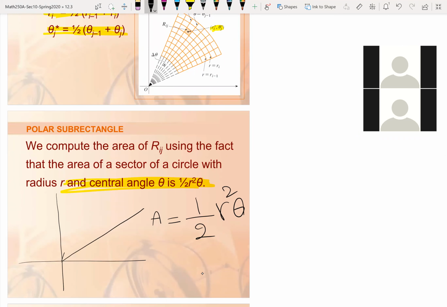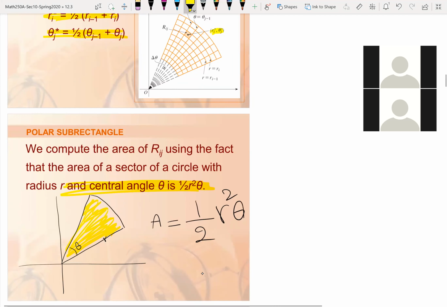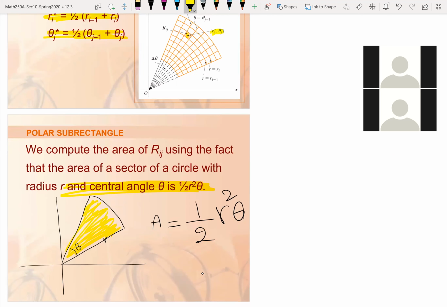This is what we call a sector. So this is going to be the radius, this is going to be the angle, and the area of this sector is going to be half of radius squared times the central angle, okay?